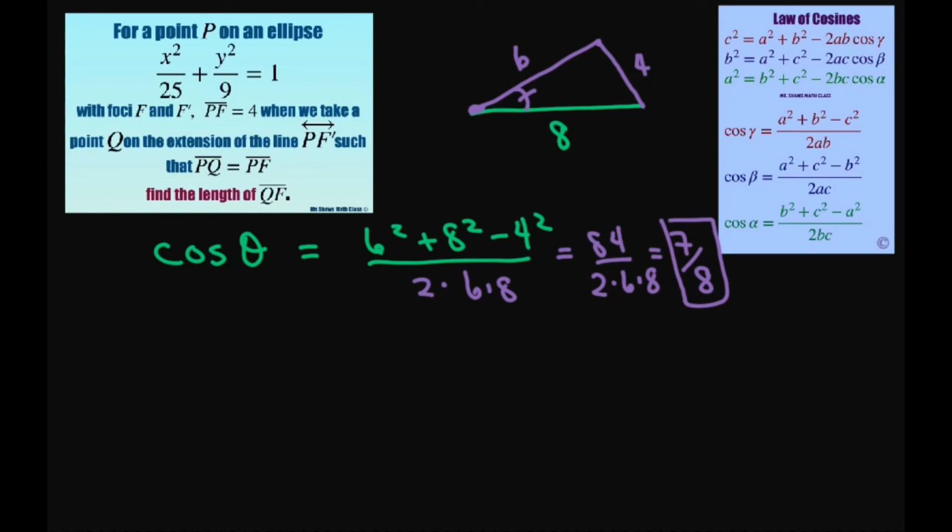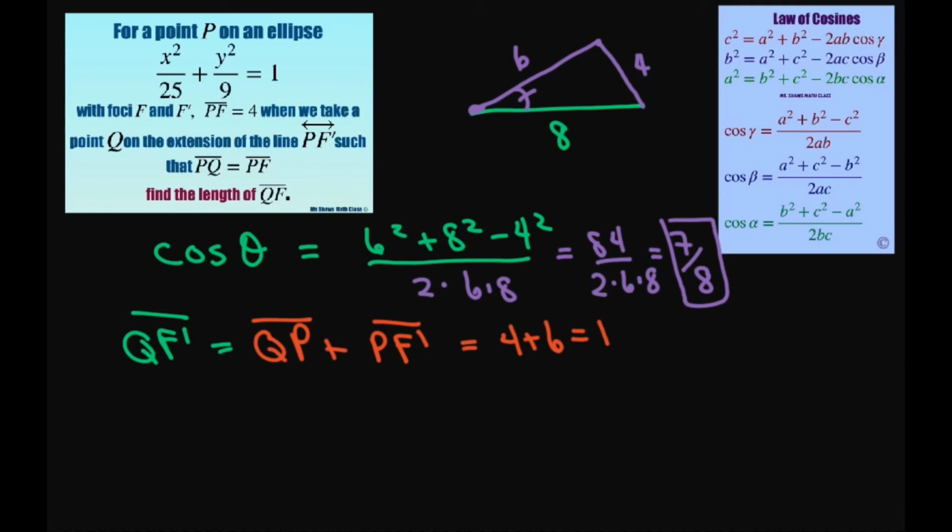Now, we also note that QF prime equals the length of QP plus the length of PF prime. So that's going to be 4 plus 6 equals 10.